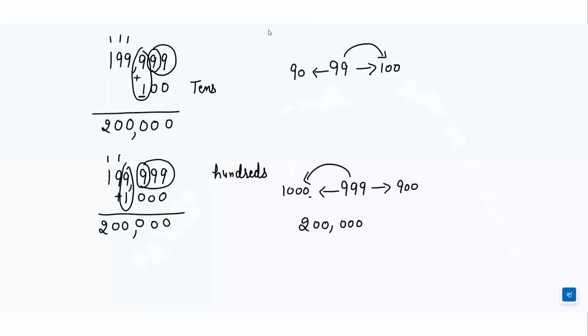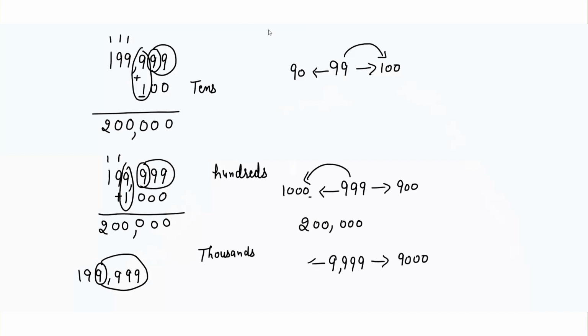Similarly, if I have to round off to the nearest thousands, then I have to see the thousand place. And in the thousand place also, I have 9. So if I will consider all the digits along with it, it is 9,999. So this number is close to 9,000 or this number is close to 10,000.